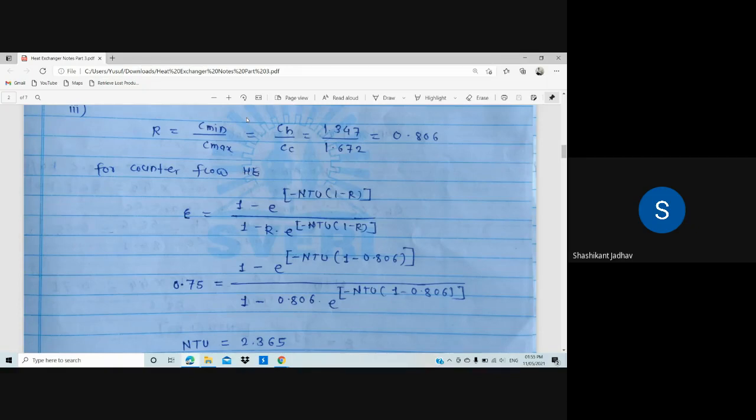Epsilon is known to us, R is known to us, only unknown quantity is NTU. So by doing this simplification, we have to find out the value of NTU. All of you do the calculation by yourself.